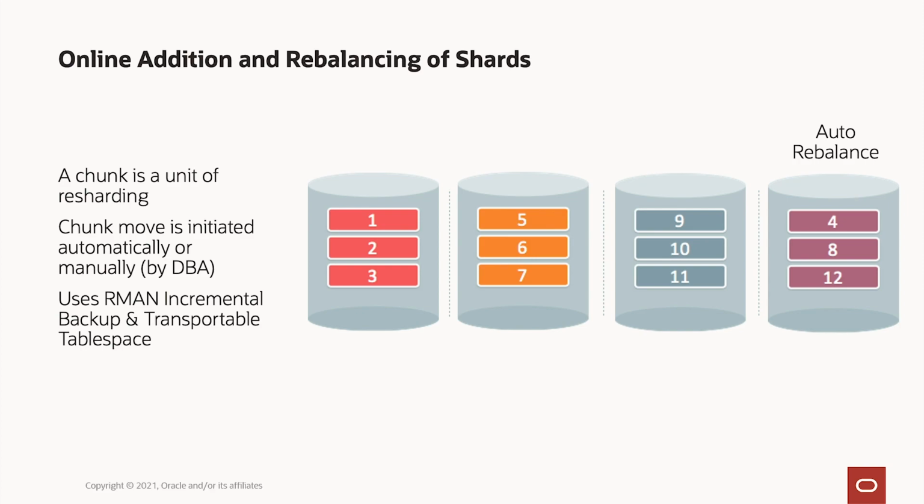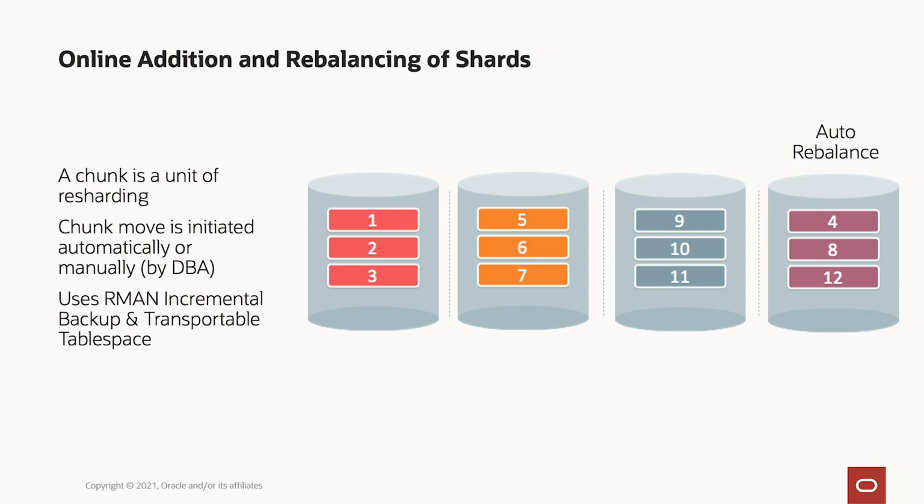Now all this resharding and rebalancing of data is a completely online operation. There is no downtime needed. Under the hood, we use RMAN incremental backup and transportable tablespaces to replicate the data. And a chunk is the unit of data movement, which is what we talked about earlier. So we move the data in the unit of chunks across these shards.